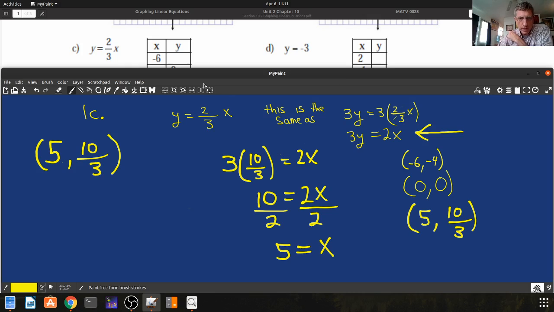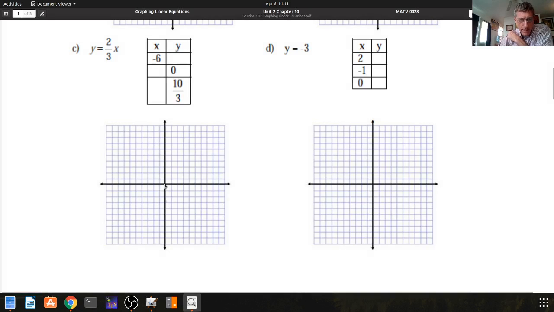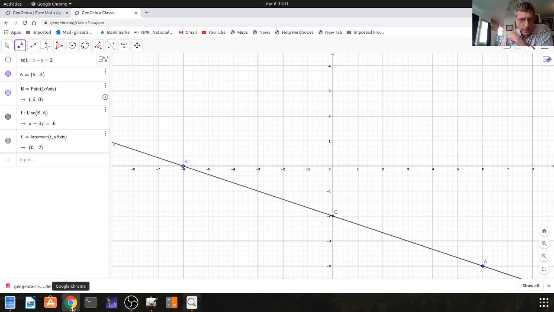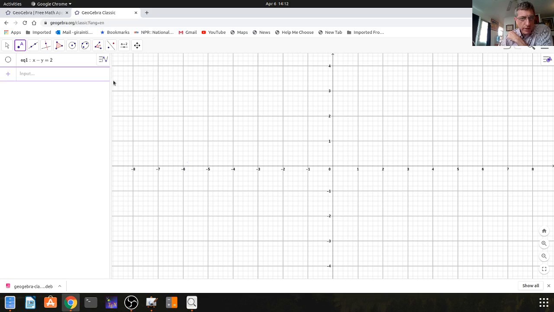So again, you all need to learn how to plot them here, but I need some electronic form where I can plot them using what I have here. So we're going to do it in GeoGebra. The first one I'm going to plot is the origin, right there.